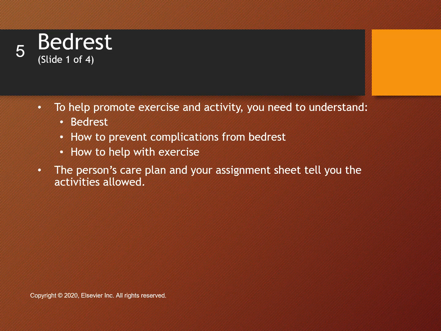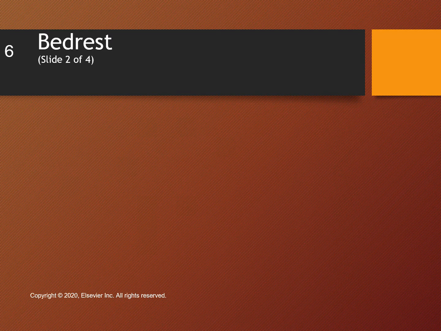The person's care plan and your assessment sheet tell you the activities allowed. Now, some nursing rehab and care facilities have physical therapy within their facility, and they do go to physical therapy and they do work out, and you do have some responsibilities with helping them.